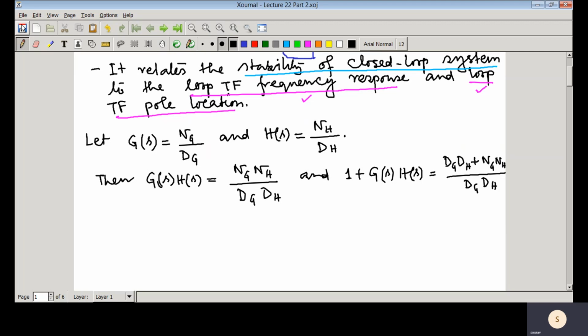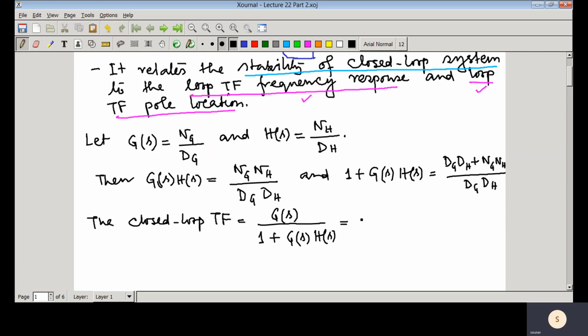From these two expressions, what would be the closed loop transfer function? The closed loop transfer function is G(s) divided by 1 plus G(s)H(s).